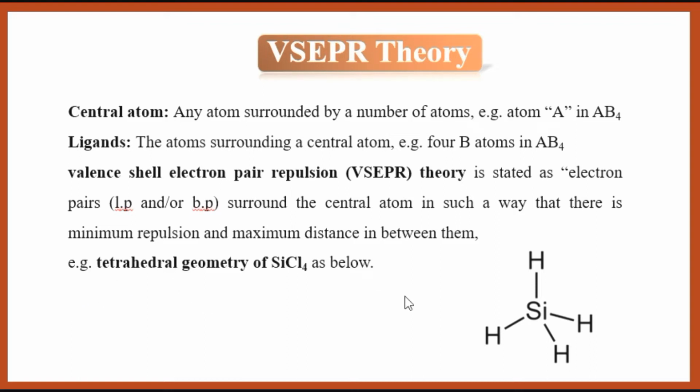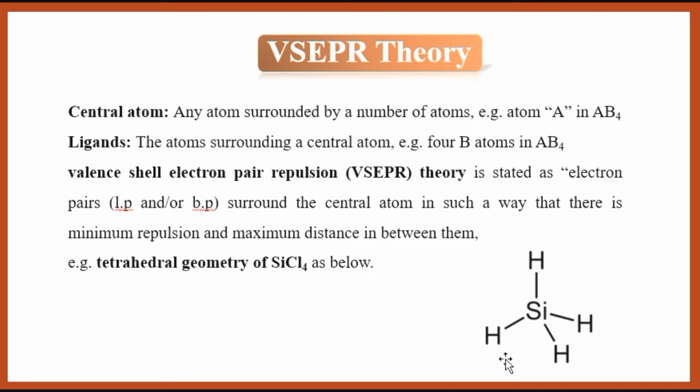For example, the tetrahedral geometry of silicon tetrachloride or silicon tetrahydride. Because here in this case all the 4 ligands have been placed at the maximum distance from each other, and if the distance between them is maximum, then automatically there would be minimum repulsion.